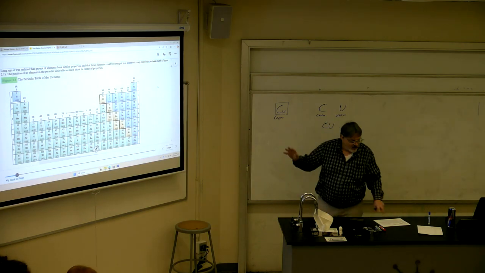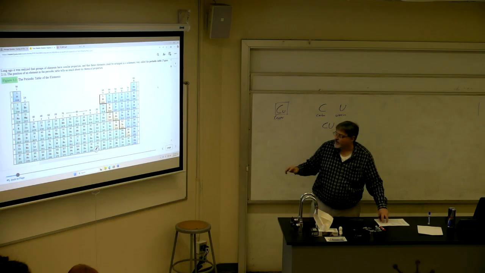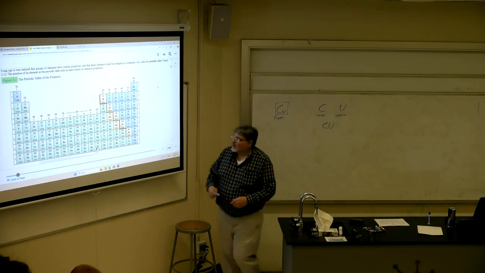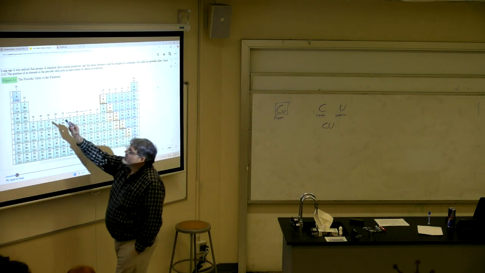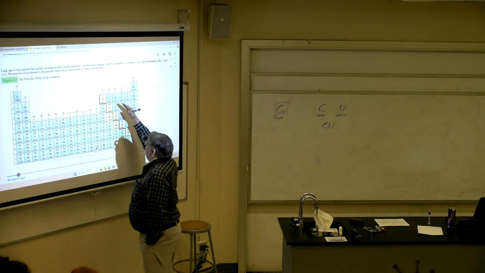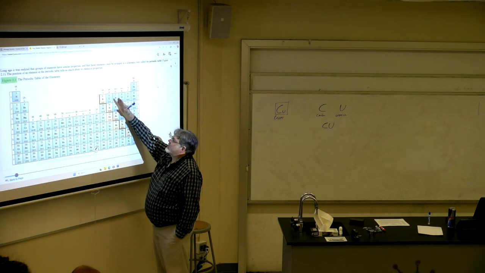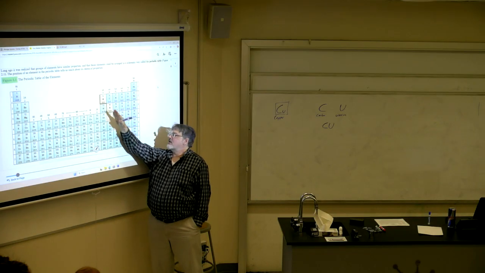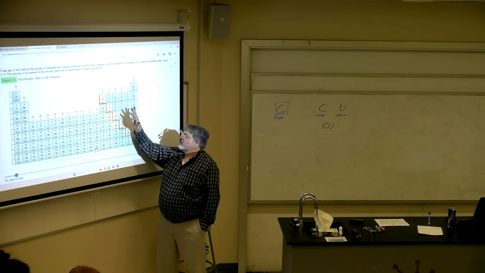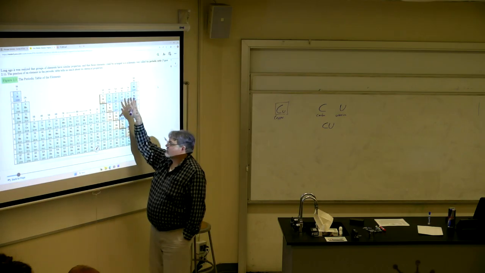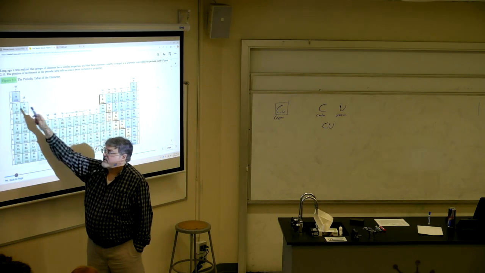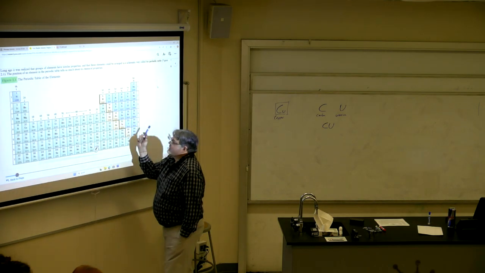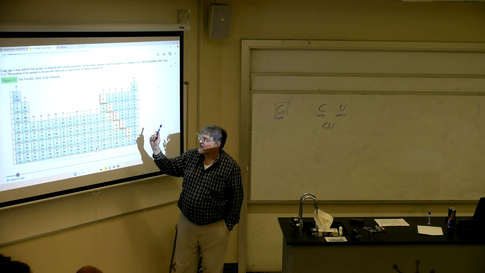All right. Important fact. Now, this isn't on your periodic table, so you have to learn a little bit. The blue ones are called non-metals. So if you look at this stair step shape, everything in the top right corner diagonally, that's all non-metals.